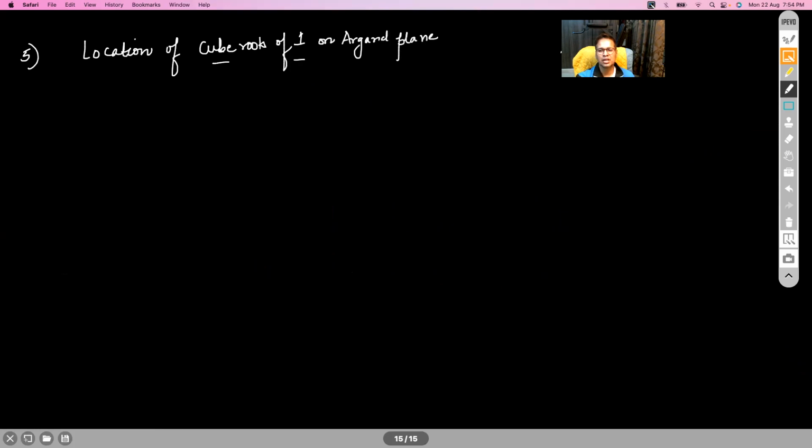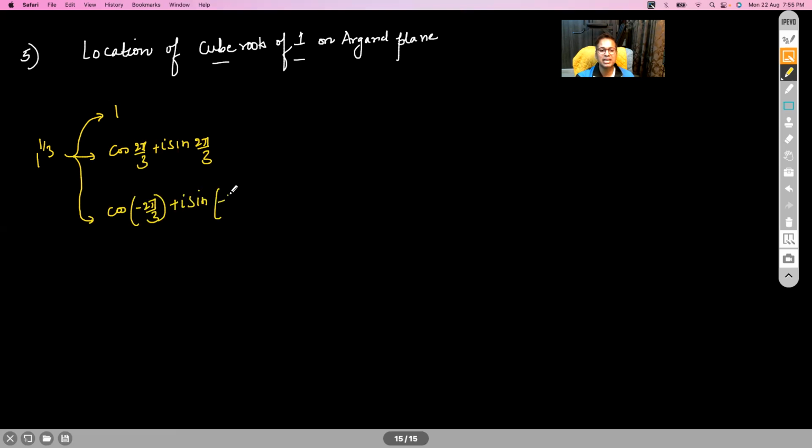So we already know the cube roots of unity are 1 and cos 2 pi by 3 plus i sine 2 pi by 3, which we call as omega also, and cos minus 2 pi by 3 plus i sine minus 2 pi by 3, which is your omega square also, isn't it?